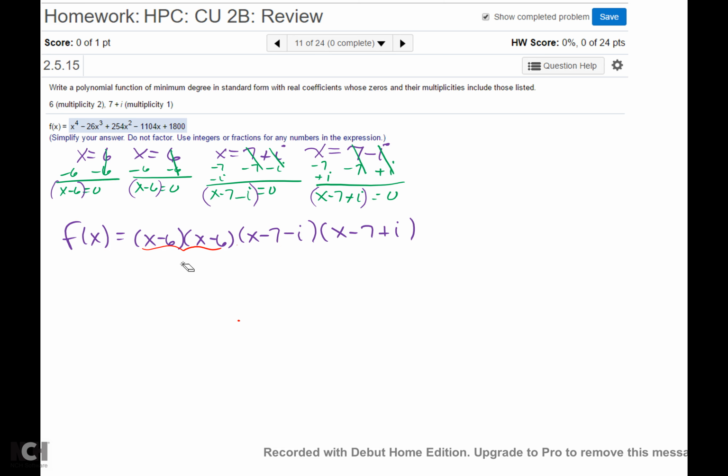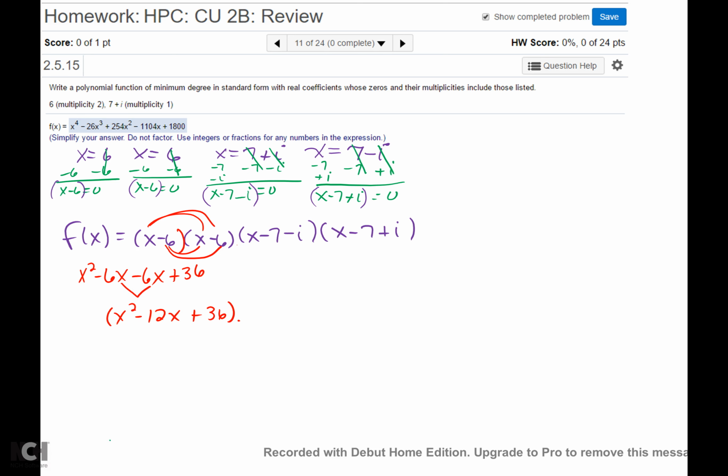Okay, so for this one, I have x times x is x squared, x times negative 6 is negative 6x, negative 6 times x is negative 6x, negative 6 times negative 6 is positive 36. I like to clean it up before I go on. That's going to give me x squared minus 12x plus 36. And these two are done.